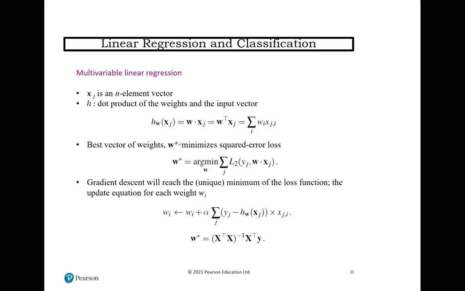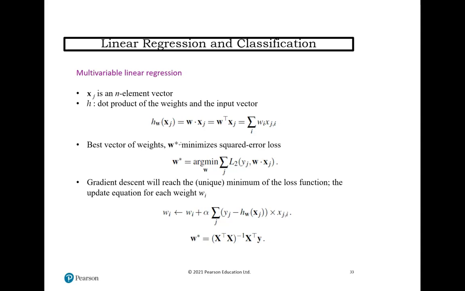Now, what if I have multiple independent variables? In that case, instead of a single x, I'm going to have a vector of n elements, depending on how many independent variables I'm working with.